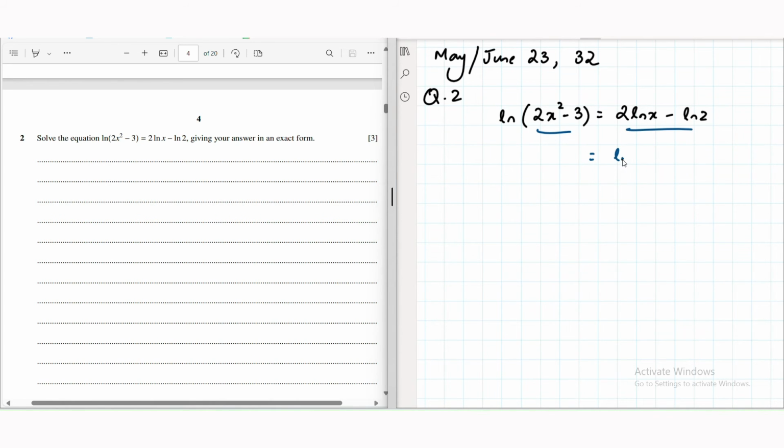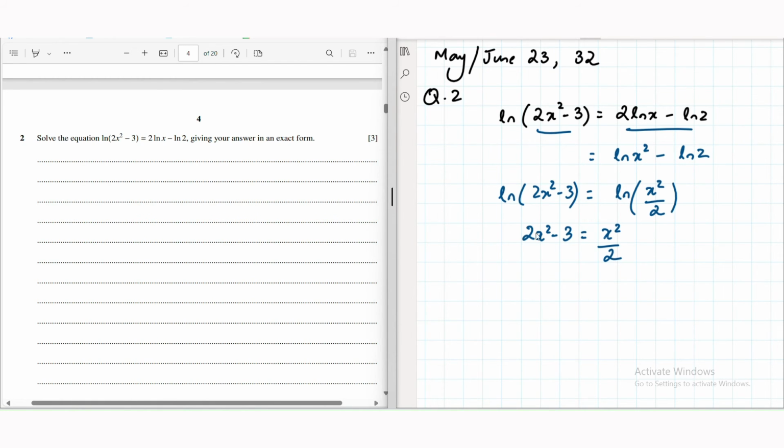So this becomes ln x squared minus ln 2, and minus could be written as division, like this, ln of 2x squared minus 3. Now using the equality rule over here, if two numbers have logarithms equal to each other, that means those numbers are equal. So 2x squared minus 3 would be equal to x squared over 2.